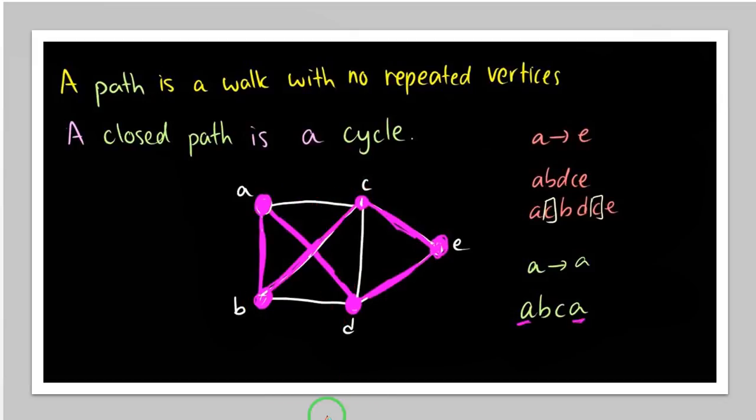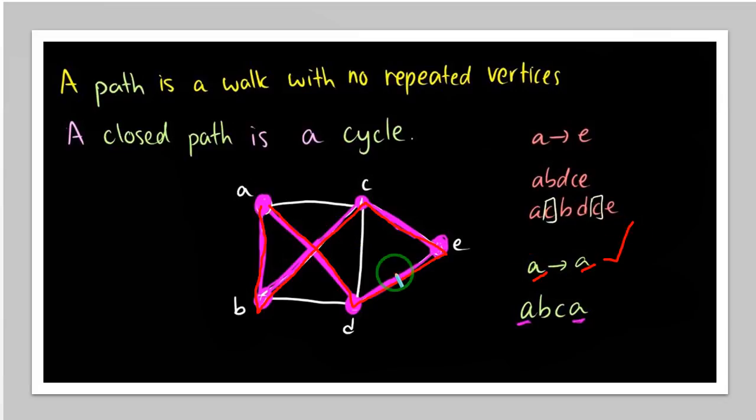Then there is another path from A to A: you can come from A to B, then go B to C with no repetition of vertices, then C to E, then E to D, then D to A. It's a closed path as well, because the starting and end point are the same without repetition of vertices.